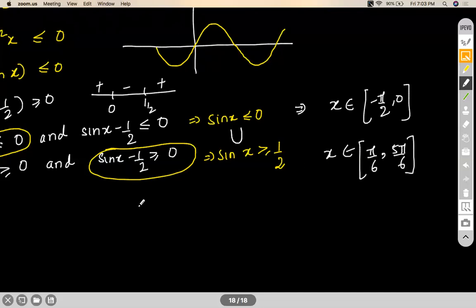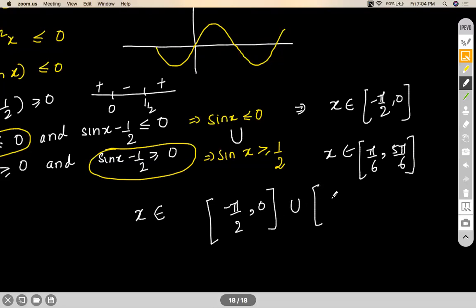Take their union. In order to write the general case, you need to add 2n pi to each of these limits that you have written.